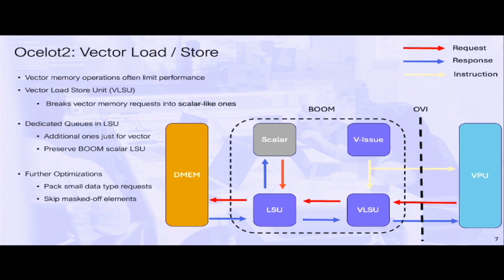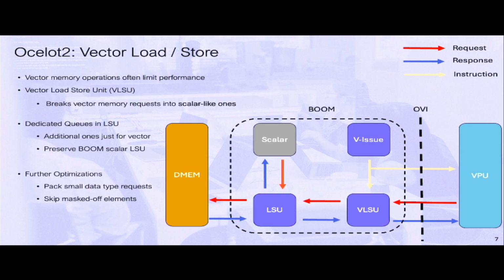One of the biggest challenges in any vector processor is memory access. Even if you have a wide high-performance vector execution unit, its throughput is often limited by how quickly you can feed it data. This is especially true for data parallel workloads, where large arrays or matrices need to be moved in and out of the processor constantly.